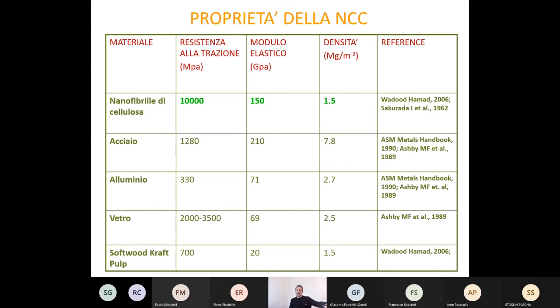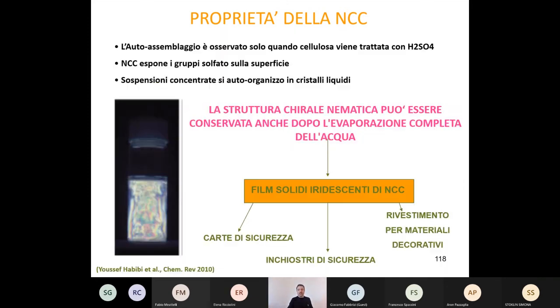There is also the characteristic of iridescence, I don't know the right term, but you can use these properties, for example, for paper money and for documents, to prevent the illegal replication of these kinds of materials and so on.